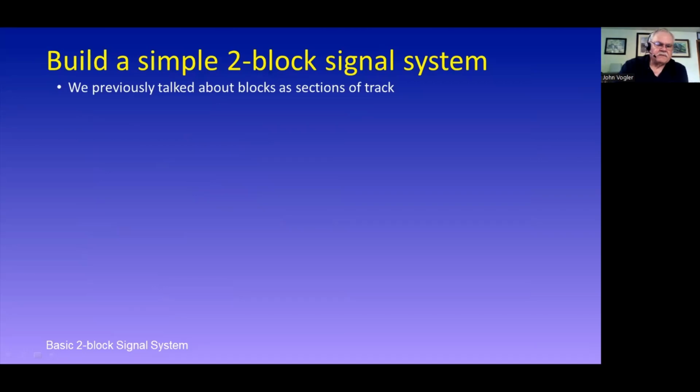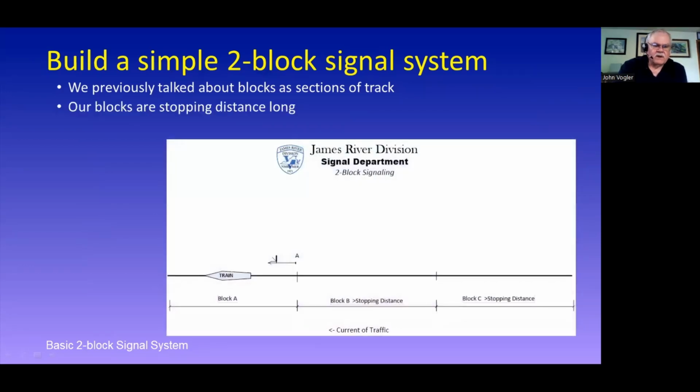So let's build a simple two-block system based on what we just talked about. Here's a basic two-block signal system. We've got the train located in block A. We've got block B, which is at least stopping distance from block A. And then we have block C, which is at least stopping distance out.